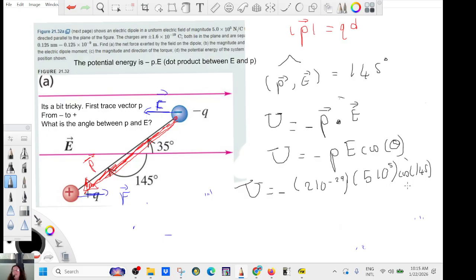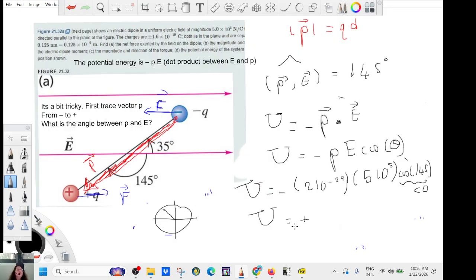And what else? Okay, so potential energy is, what is the cosine of 145? Is that negative? Cosine 90, yeah, so it's going to be a negative. This is negative, do you agree? Okay, this is negative. So it's positive. So the potential energy is positive, which means it's not happy with life.